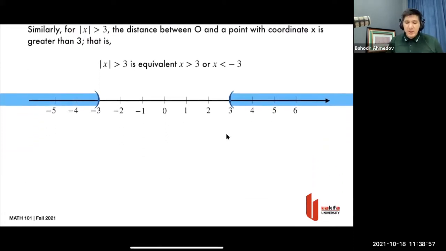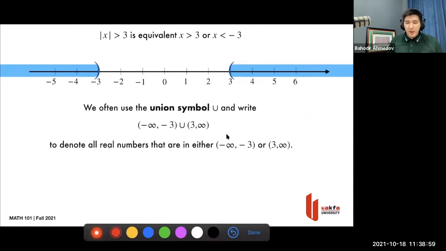Then we can try to solve this in this way. There is a sign which symbolizes this "or", which basically combines the two sets. We call this the union. We get all of the numbers from one set and all of the numbers from another set and put them together, and we call this the union sign.